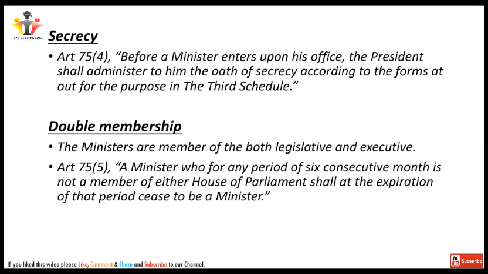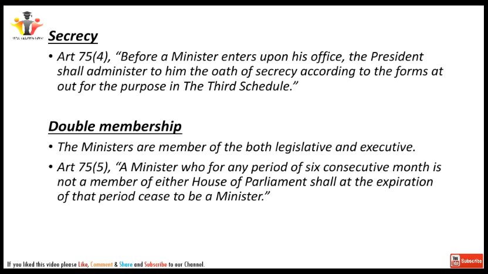Oath of secrecy. Article 75 section 4 provides that before a minister enters upon his office, the president shall administer to him the oath of secrecy according to the form set out for the purpose in the Third Schedule.